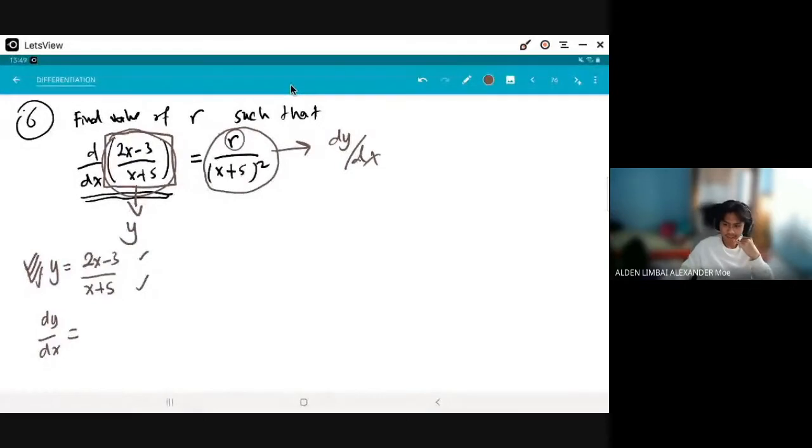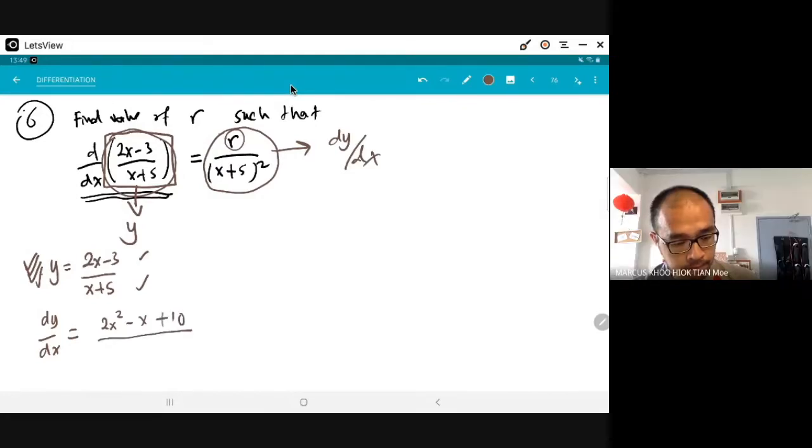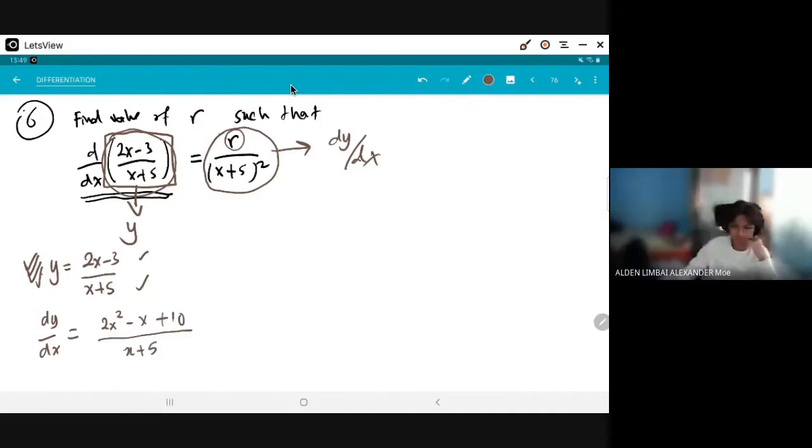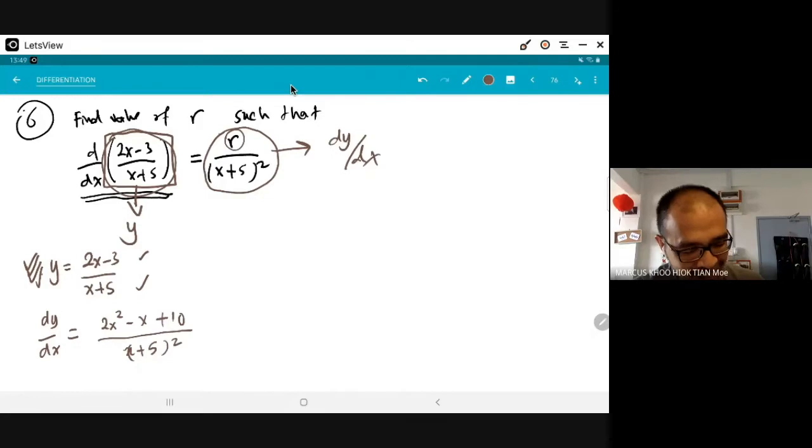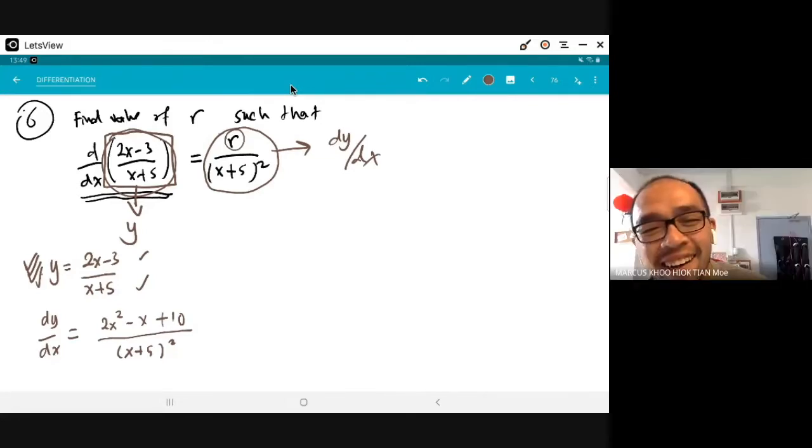2x squared minus x plus 10 over x plus 5 square. Really? 7 over x plus 5 square.